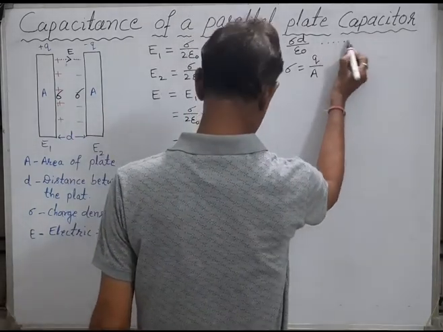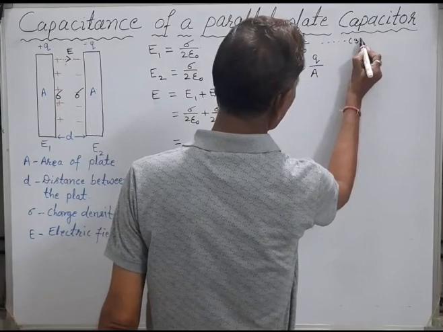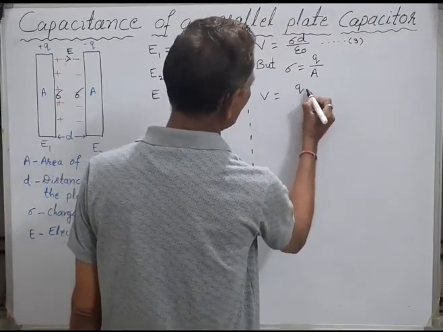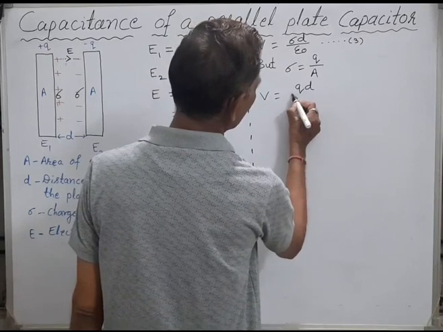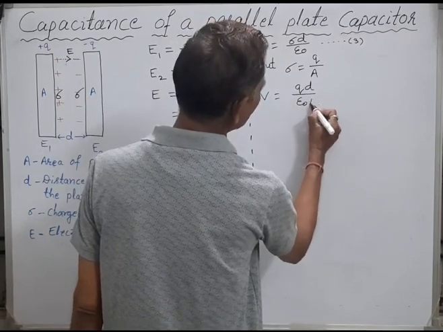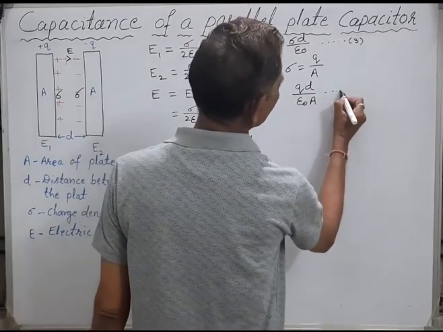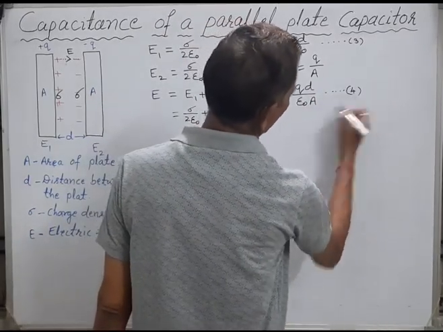Put this in equation 3. Therefore, it becomes V is equal to Q d divided by epsilon naught A. This is our equation 4.